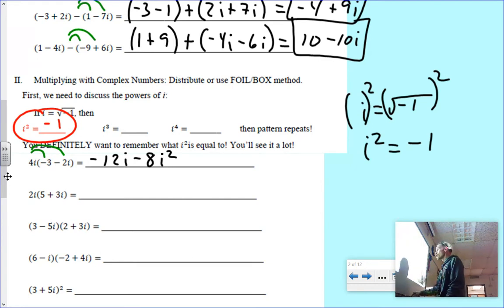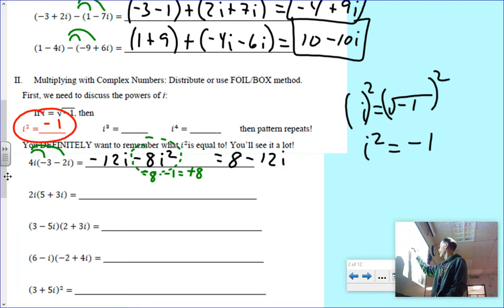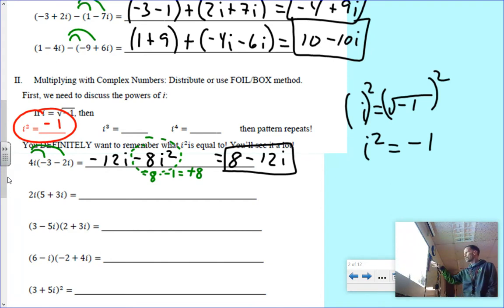But remember what we just said, if you see this i squared, this really means it's -8 times -1, which is equal to positive 8. So I'm going to write this final answer as 8 minus 12i. All I did was rearrange it so it's in that a plus bi format. If you wrote that as negative 12i plus 8, totally okay.